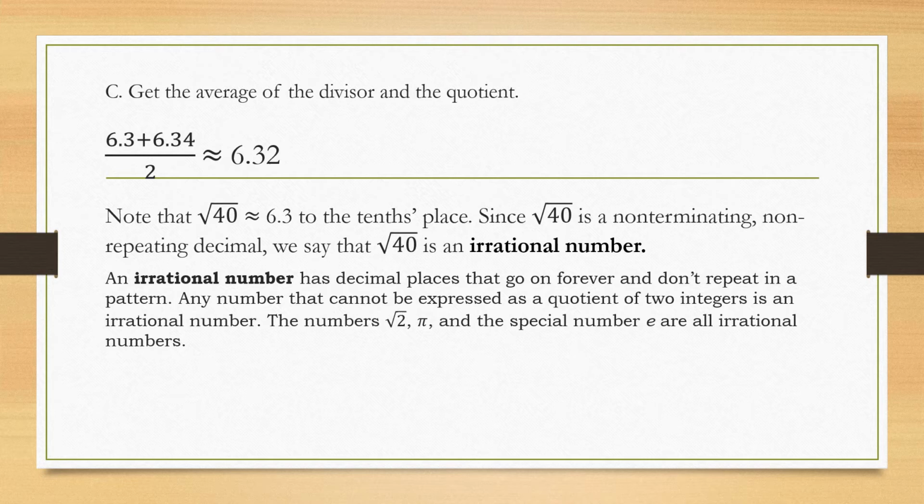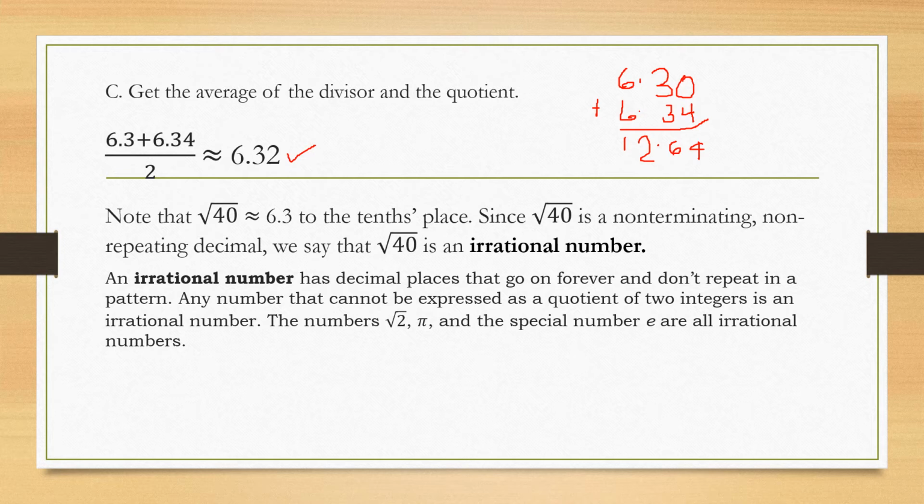If we add that, we have 4, 6, and then we have 12.64. 12.64 divided by 2, so we got this estimate 6.32. Note that the square root of 40 is approximately 6.3 to the tenth place.